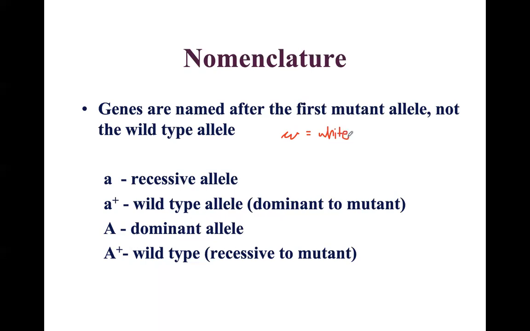Now, they do something that at first is a little confusing, but in terms of the confusion, it'll go away. If it's normal, in other words, if it has red eyes, what they will do is put a plus on it. And we can think about it this way.